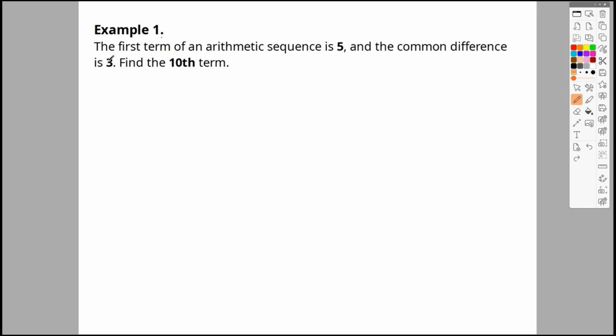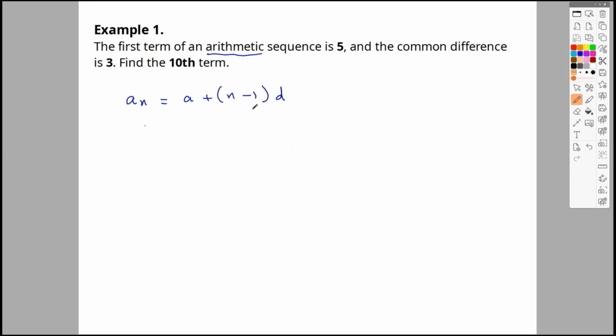Example number 1: the first term of an arithmetic sequence is 5, and the common difference is 3. Find the 10th term. First, to find the nth term, write the formula. If you remember the formula, an equals a plus n minus 1 times d.